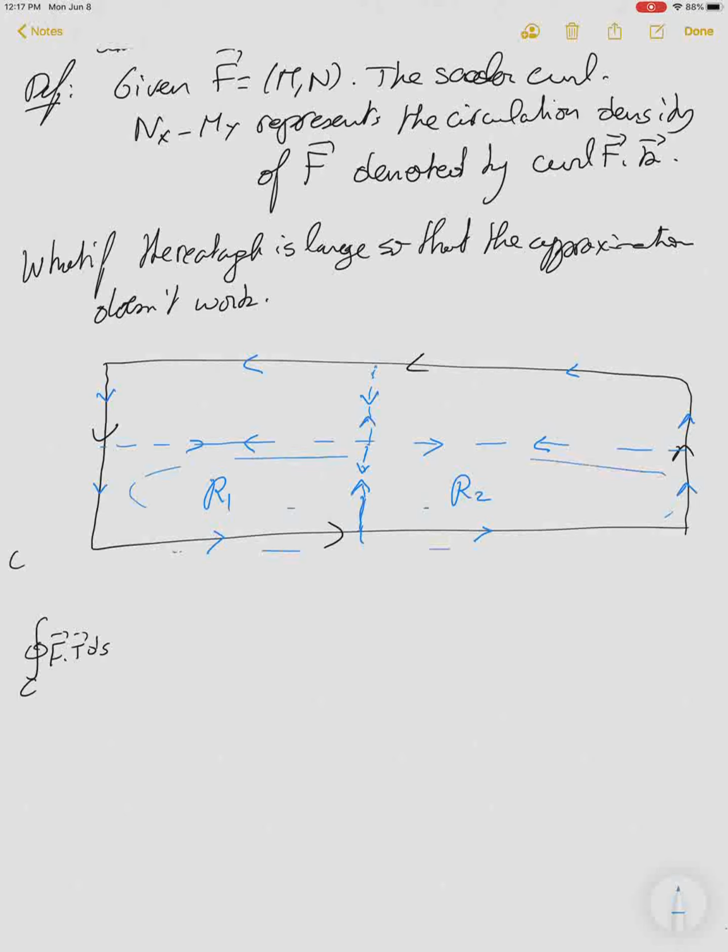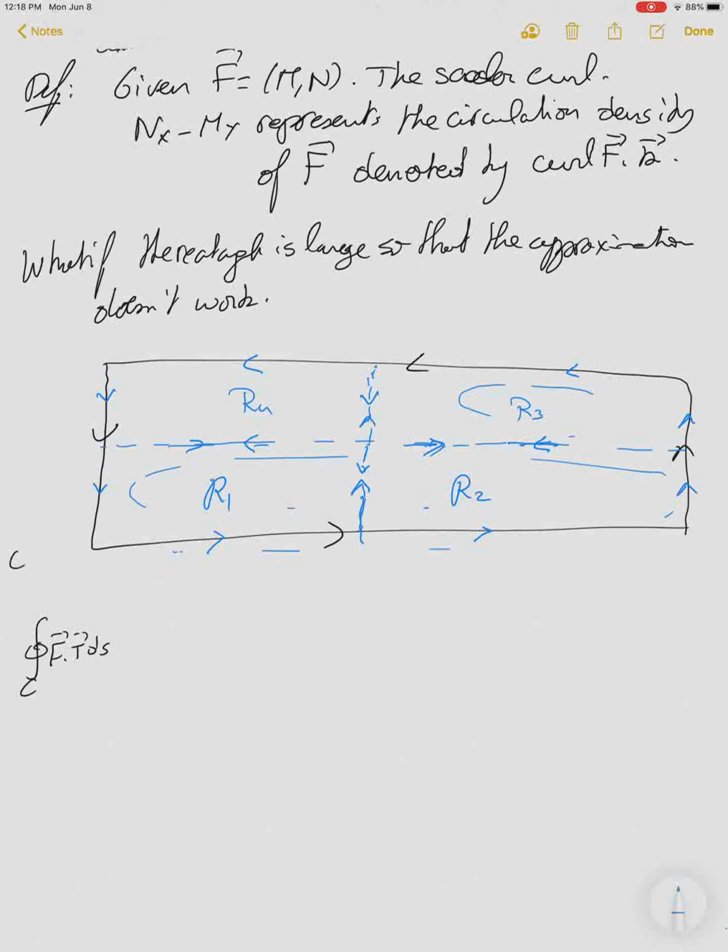With this line cancelled. Now let's add the line integral over R3. This will cancel, because when I calculate R2, this is going this way, and when I calculate R3, it's going this way. And similarly, when I calculate over R4, this line will cancel and this line will cancel.